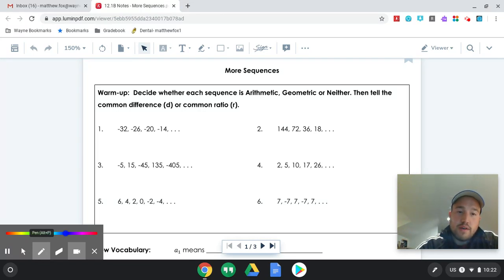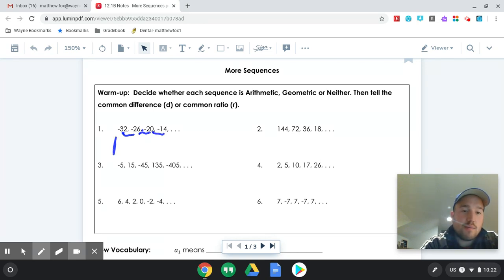Okay, so this first one, hopefully right here you can see we would add 6, add 6, add 6. Since we're adding, that's going to be arithmetic. Okay, and in this case, the common difference would be 6, or if you want, you can put positive 6.